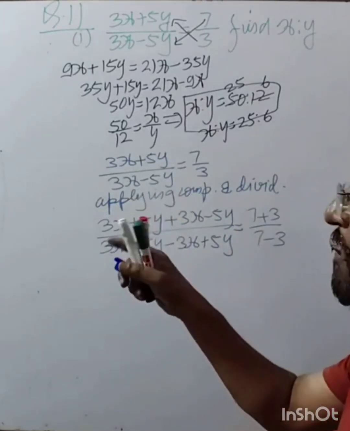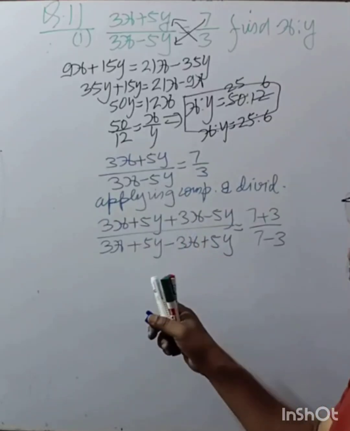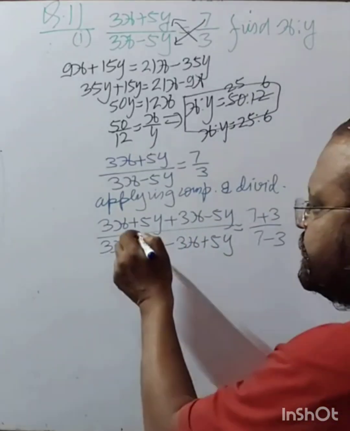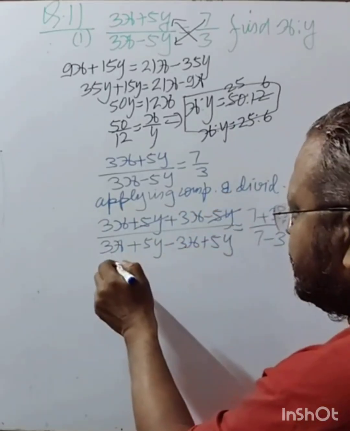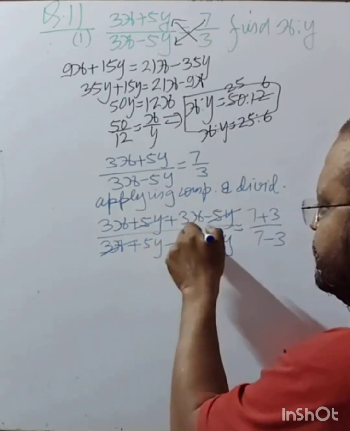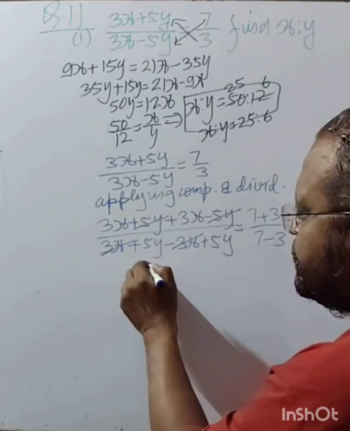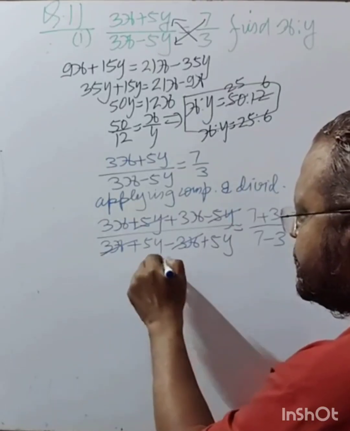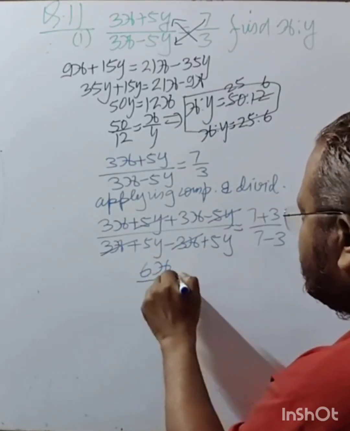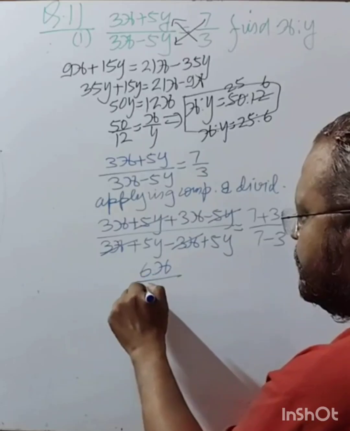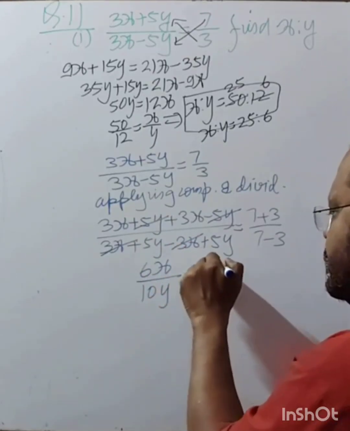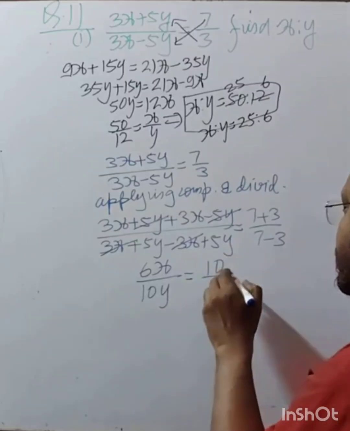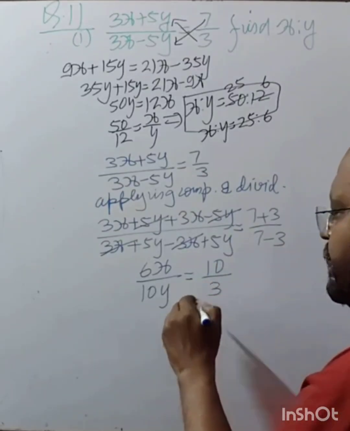So this cancels out, right? And this cancels out. So you get how much? 6x upon 10y is equal to 10 upon 4.